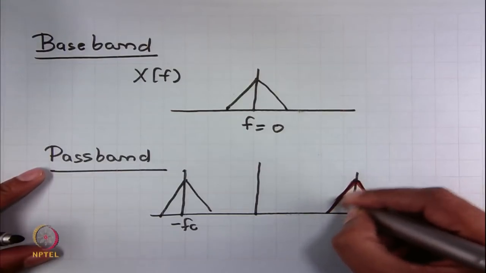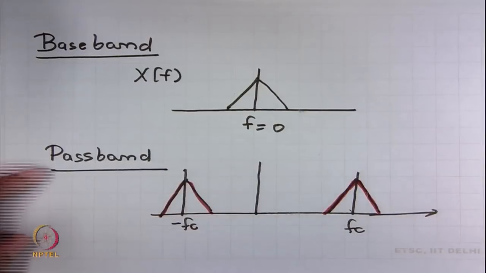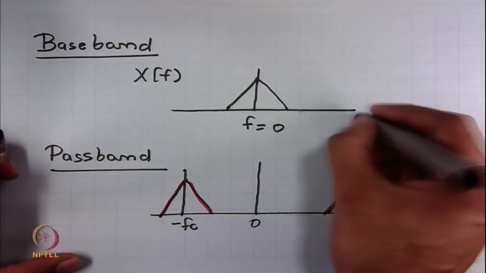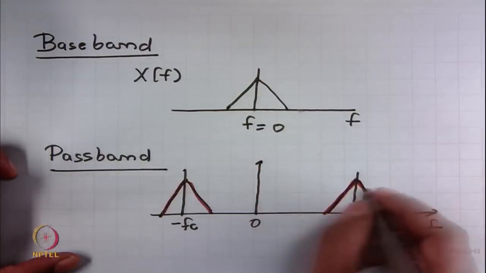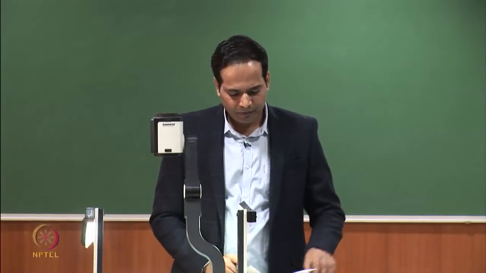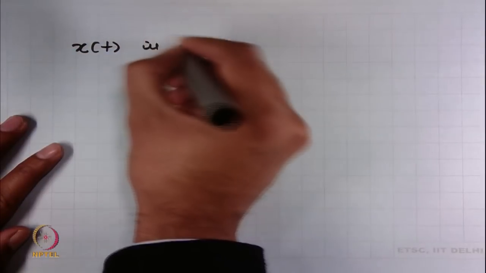So, this is the spectrum of the signal. Okay. This point let us mark as 0. Here we have frequencies, and this is the spectrum of the signal. So, the information signal x(t) is a baseband signal.